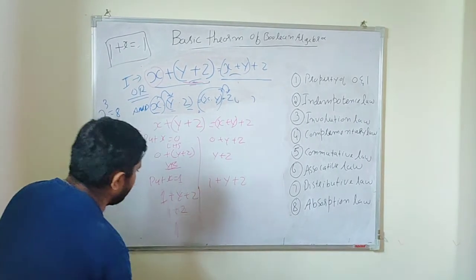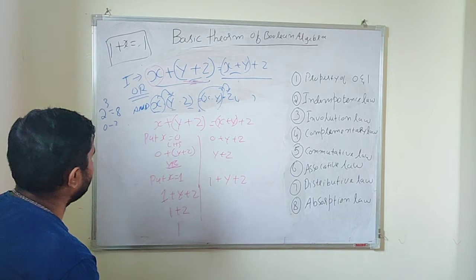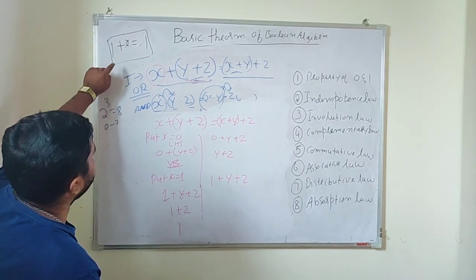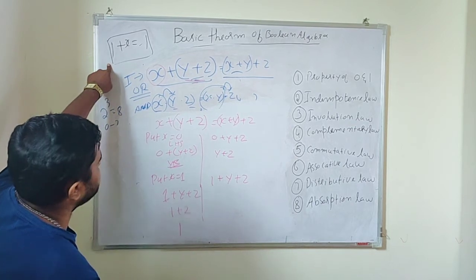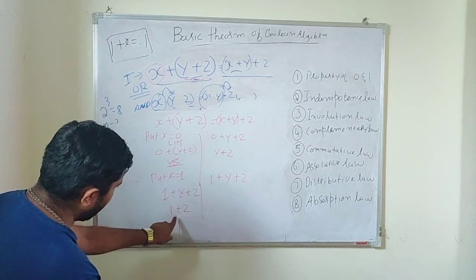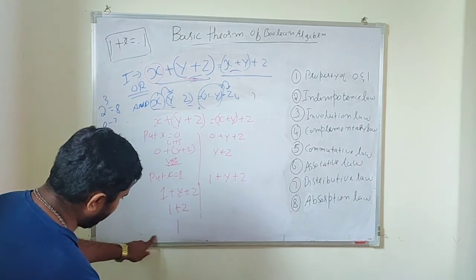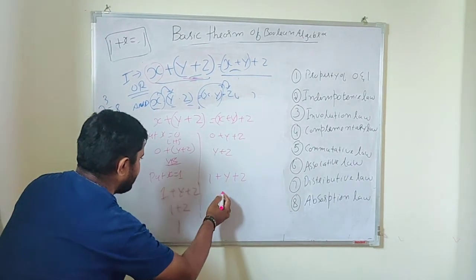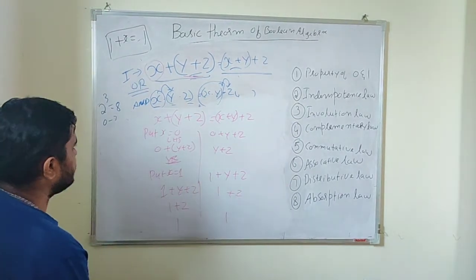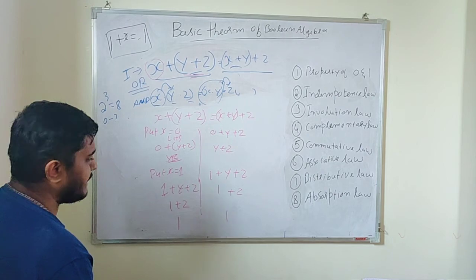Again 1 plus z is equal to 1, because we have already seen through the properties of Boolean algebra that any variable which is added to 1, then your remaining answer will be 1 itself. So again 1 plus y is 1 plus z. So 1 plus z is equal to 1. So this is how you are going to prove for the OR gate.